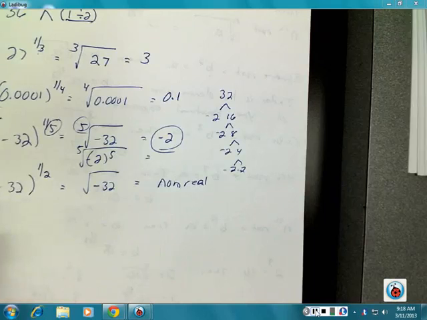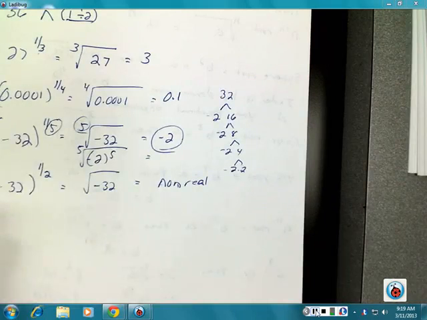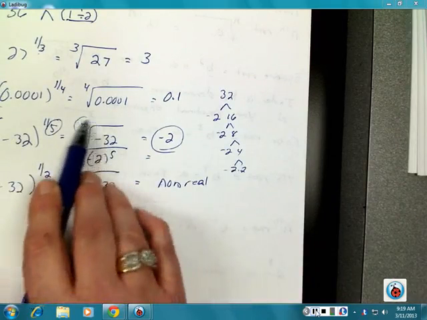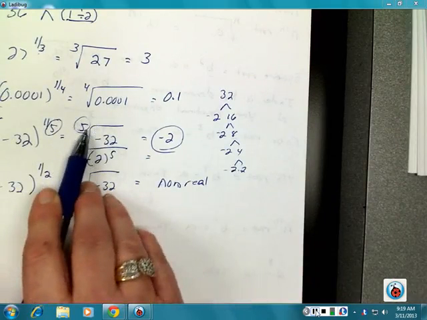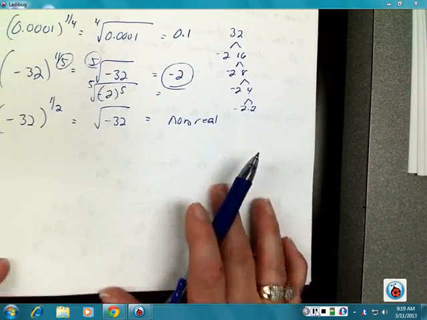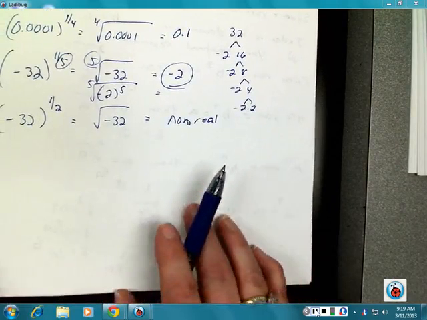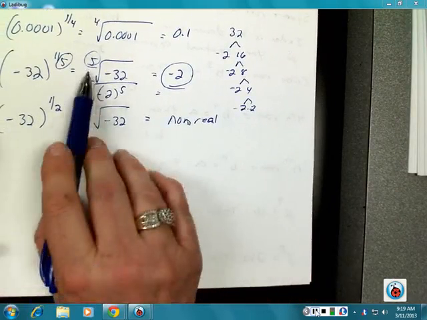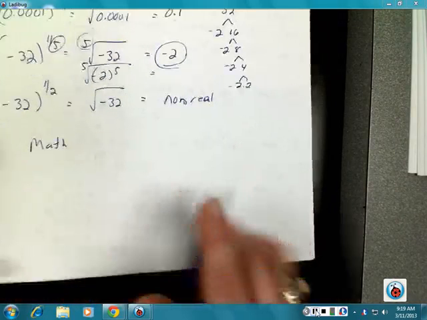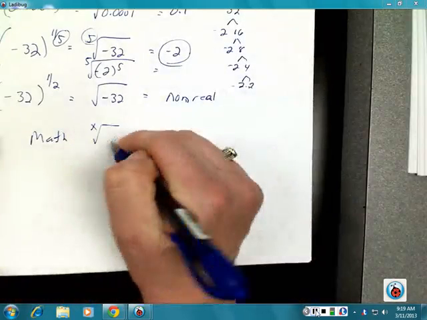Okay? If I put it on my calculator and I did the 5th root, I'd have to go to math. And under math, number 5, I think it is. Is it 4? No, 4 is cube. Okay. Now you go to the fifth one down under math. It's the xth root of something.